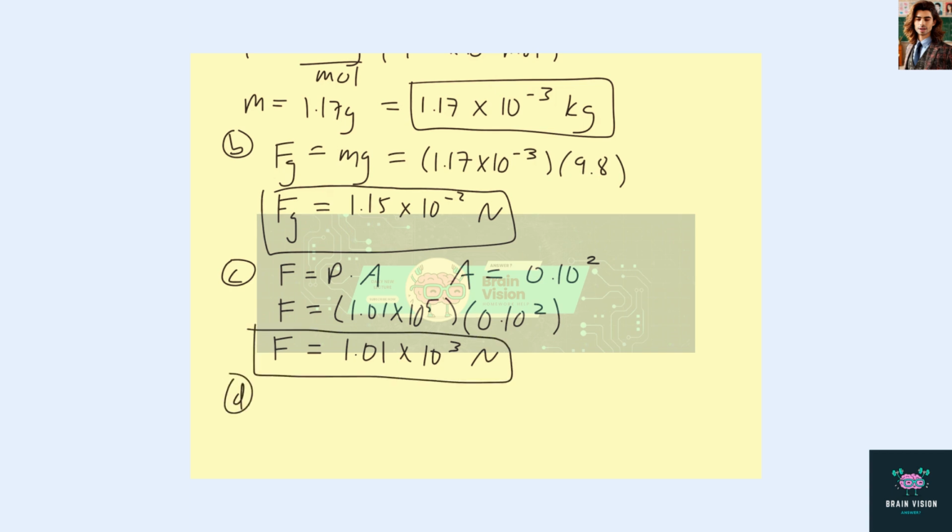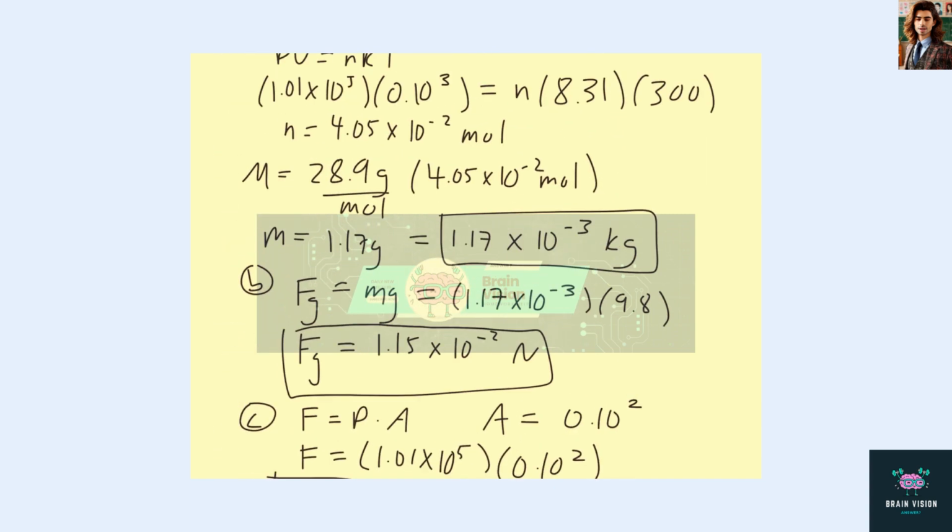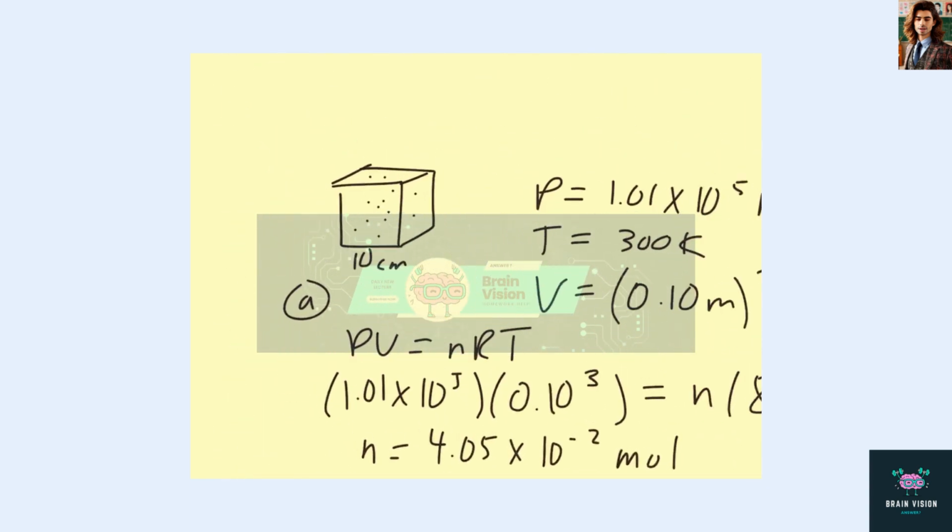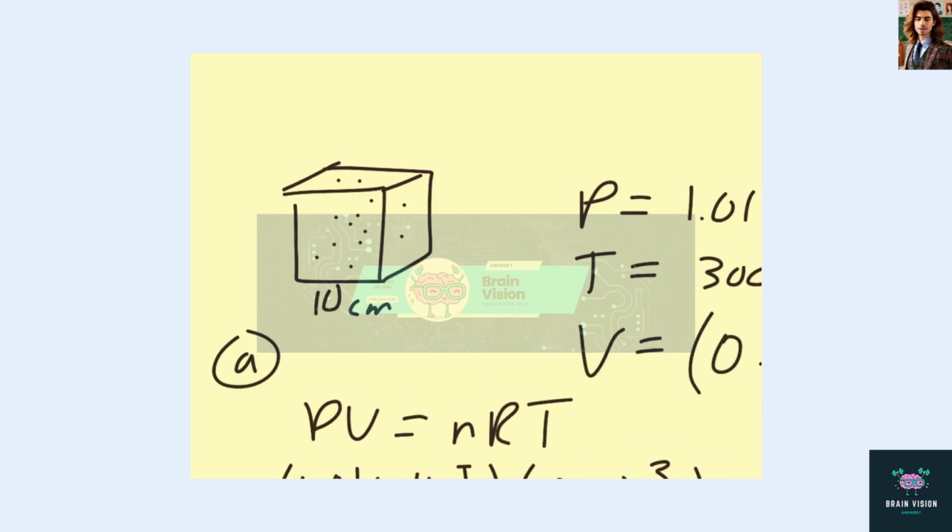Now, finally, we wonder, okay, why is the force exerted on our face so much larger than the gravitational force? Well, it's because inside of our cube, I wonder if I can go back to my cube drawing here. We know that each one of these particles is kind of moving, right?